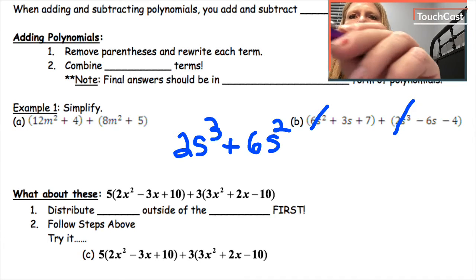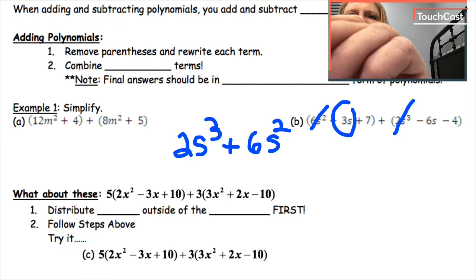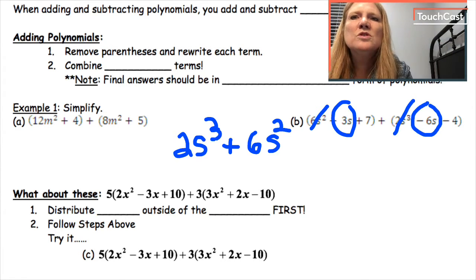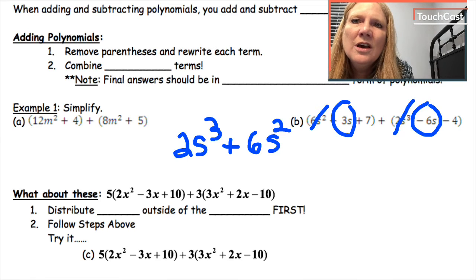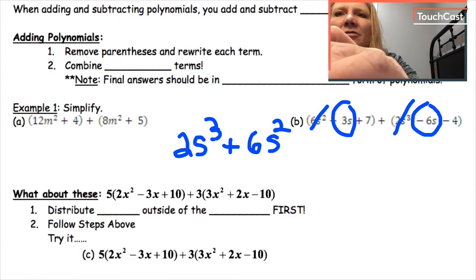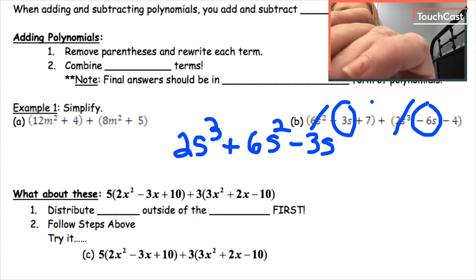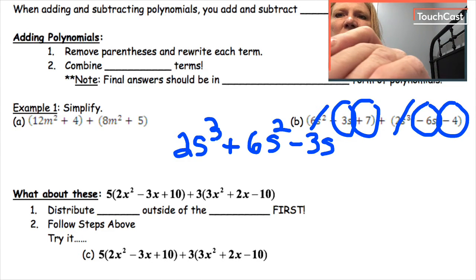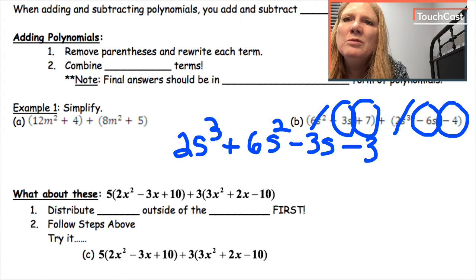And now I have a positive 3s and a negative 6s. So those are like terms, so we need to add the coefficients. 3 plus a negative 6 is going to be a negative 3s. And then lastly, we have a plus 7 and a minus 4. 7 minus 4 is 3. And so that is how we would combine part B.